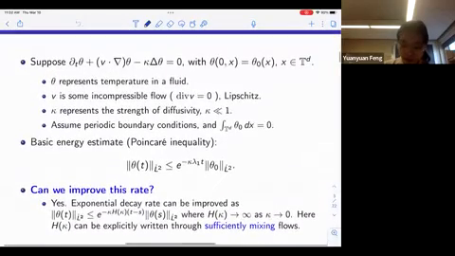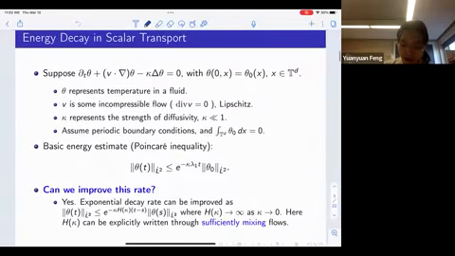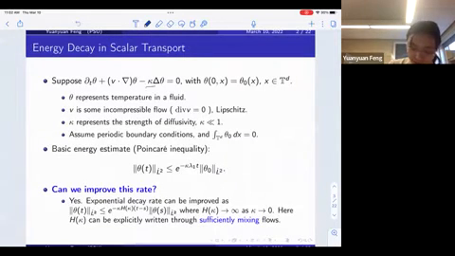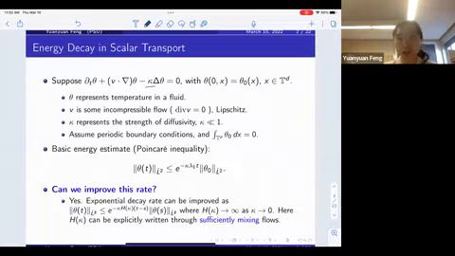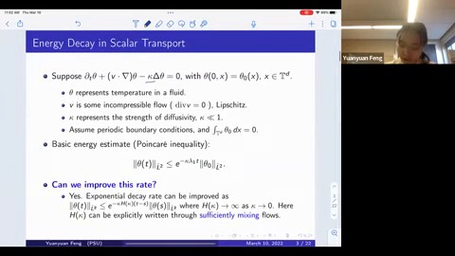For the regularity, usually we ask for at least Lipschitz regularity. Here, kappa represents the strength of the diffusivity. Usually, we are mainly interested in the range when kappa is much smaller than 1. For this equation, we assume periodic boundary conditions and restrict our initial data to be mean-free.